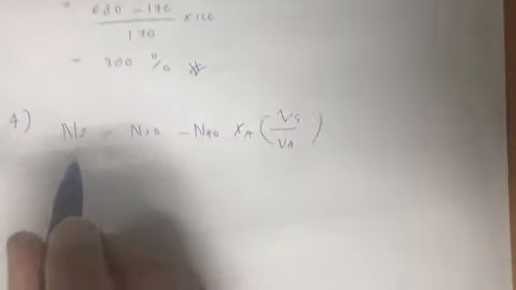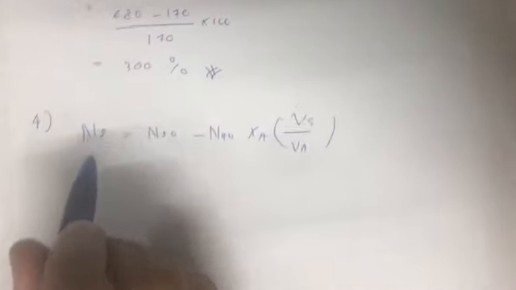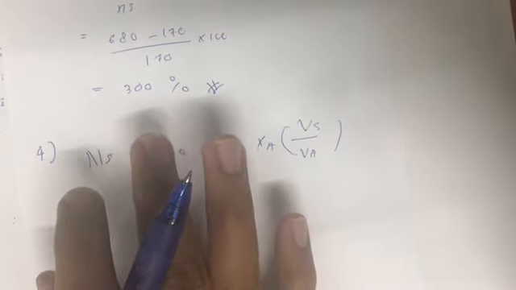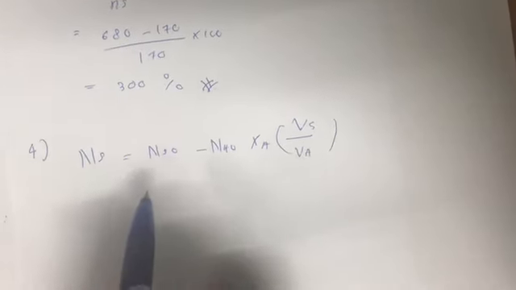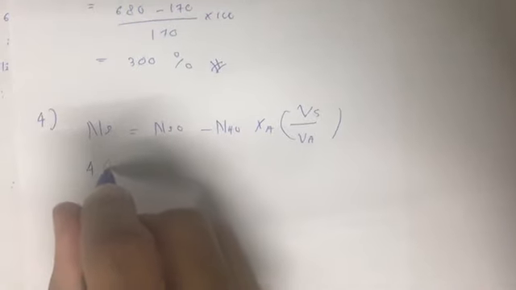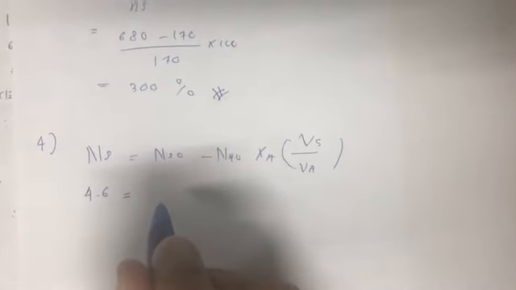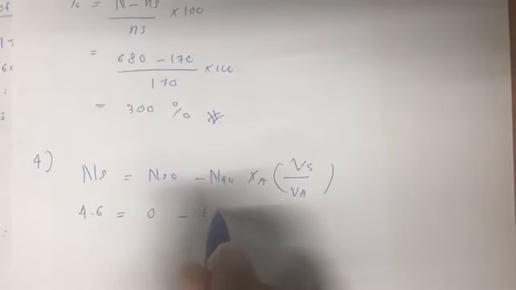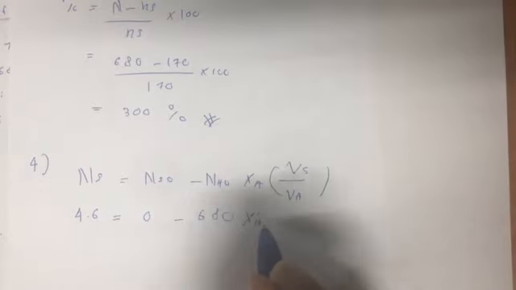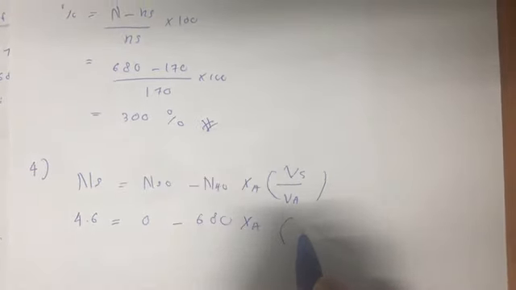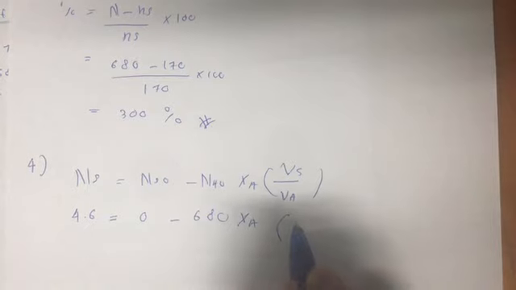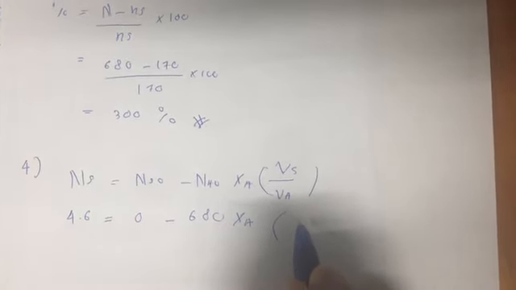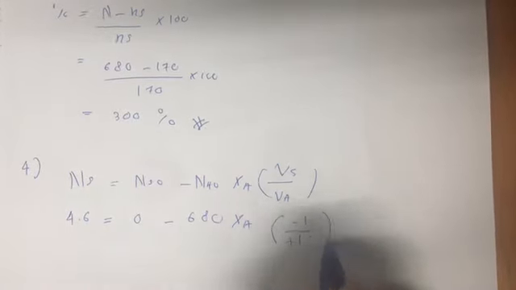The NS here refers to the molar flow rate of C3H5Cl, which is 4.6, is equal to NS naught, which is 0, minus 680, times XA. The stoichiometric number of C3H5Cl is -1 over +1.